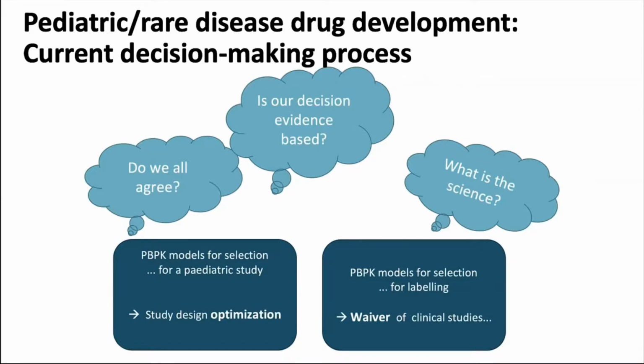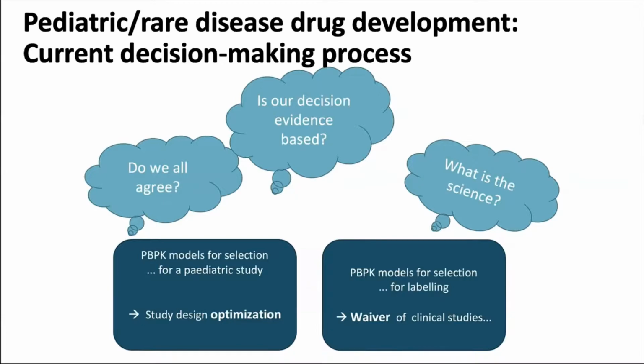I was saying that PBPK would be proposed for dose selection in a pediatric rare disease, but that question can actually have different regulatory impact. If we are in a setting where there's a plan to run a small PK study in the target population, pediatric population, and then PBPK is used for dose selection, for the dose to be used in that study, we would consider that in that case the regulatory impact is medium.